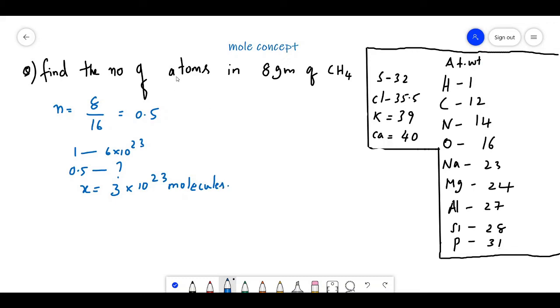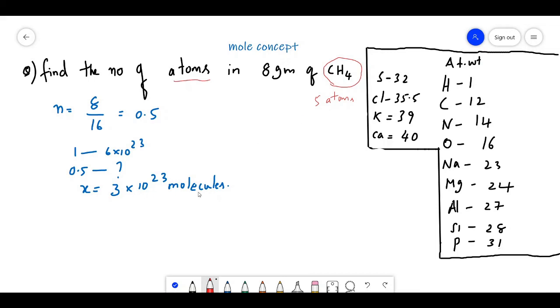Now if the question is asked to find number of atoms, then what we have to do means, now see this CH4. In the CH4, count the number of atoms. So there is 1 carbon and 4 hydrogens. So total it is having 5 atoms. In the CH4 formula, the total number of atoms are 5.